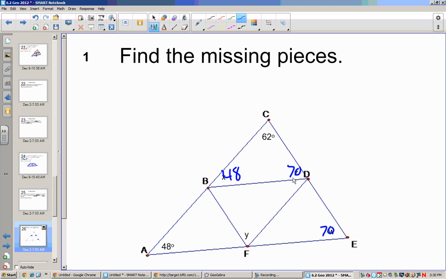So even though it doesn't tell us, we could fill in all these angles: 62, 48, 70, 62. However, this triangle is the triangle on top flipped over. So 62 would be down there, and 48 and 70. It's actually not flipped, it's rotated around some point in here to get it to land perfectly.